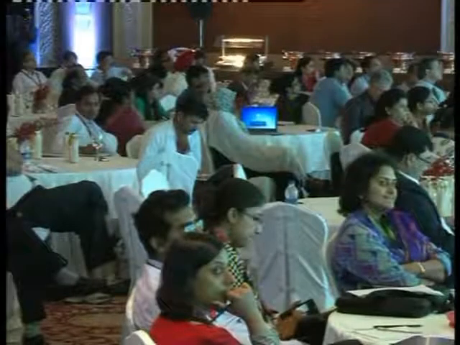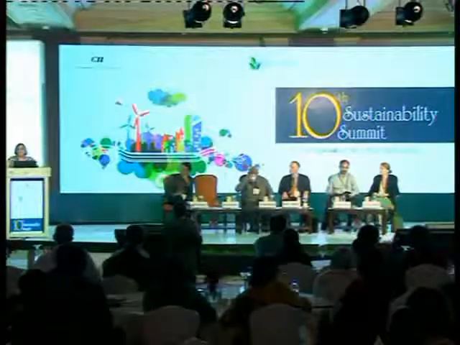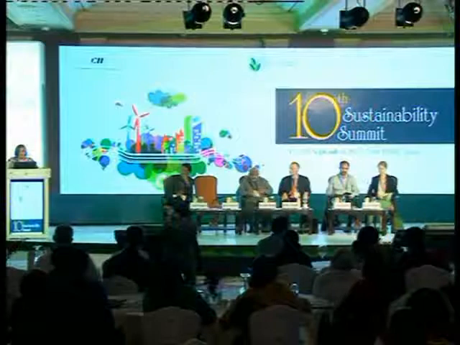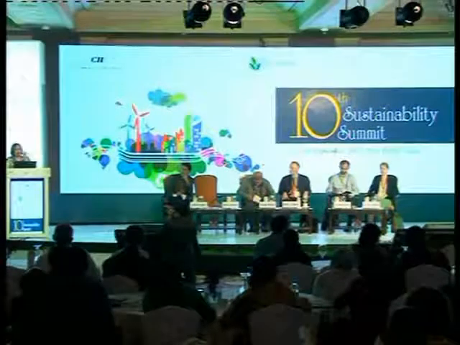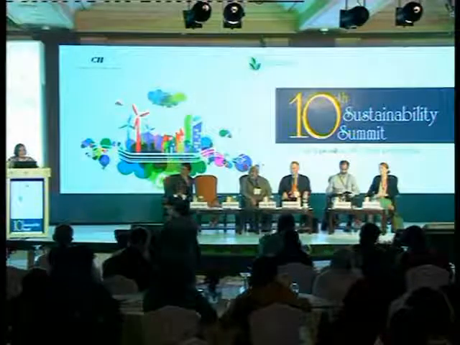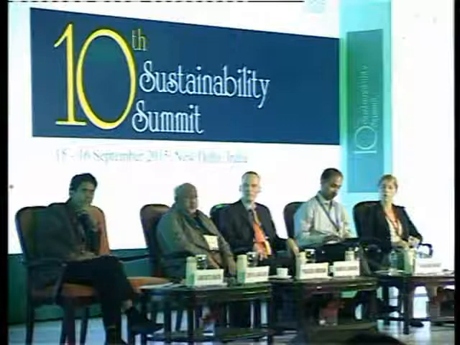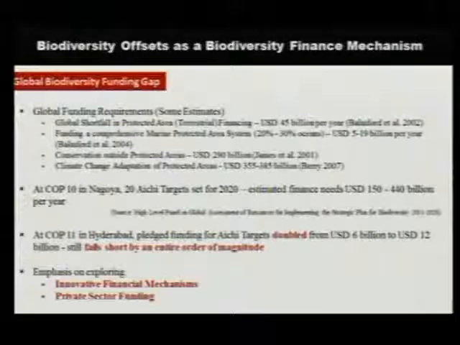If you want to create a marine protected area system of say 20% coverage of the oceans, which is, by the way, one of the Aichi biodiversity targets, you will need an investment of 5 to 19 billion per year. For conservation outside protected areas, you will need another 290 billion. So it's increased by an order of magnitude.